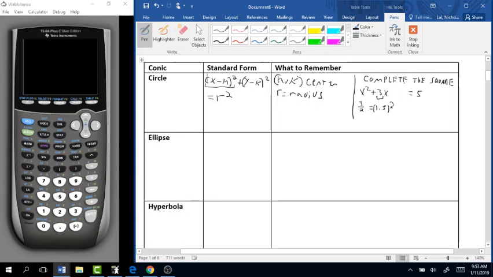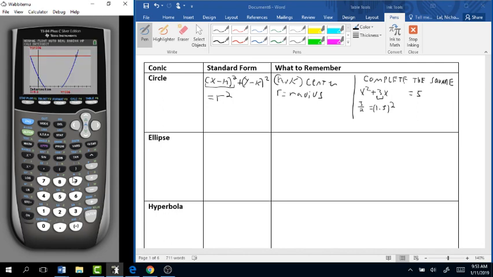Then you square it. 1.5 times 1.5, and we can double check with the calculator, is 2.25.